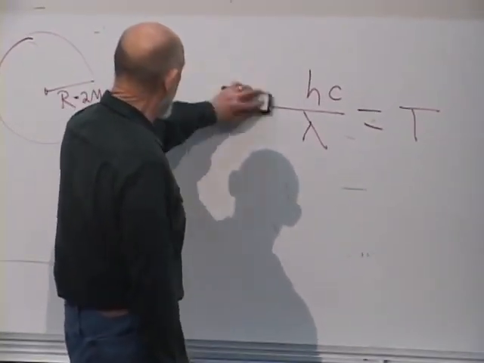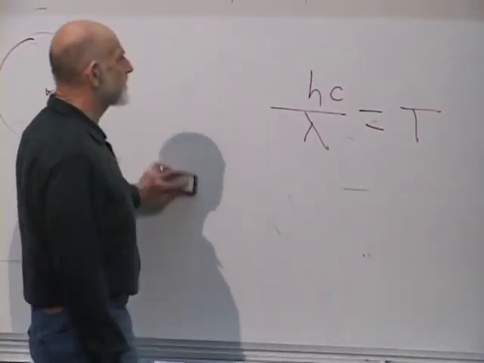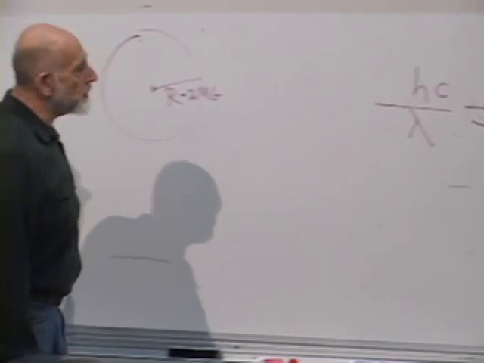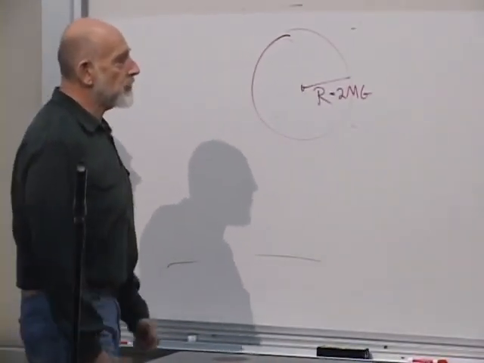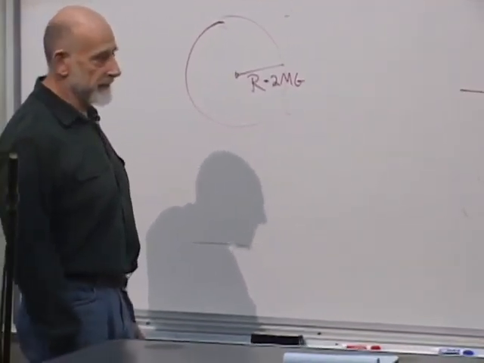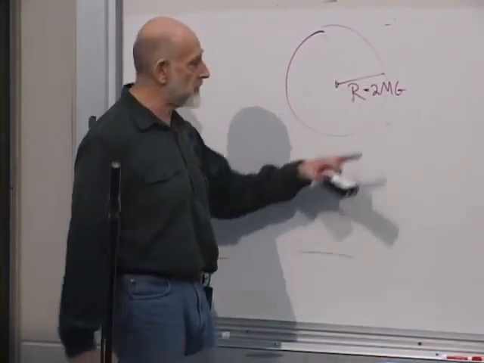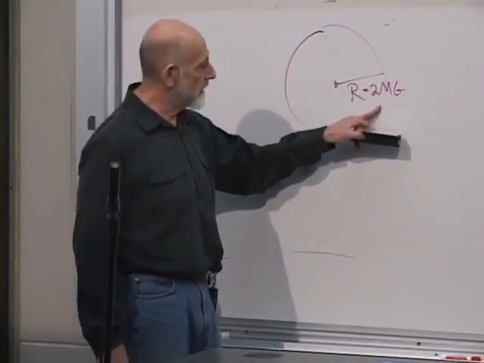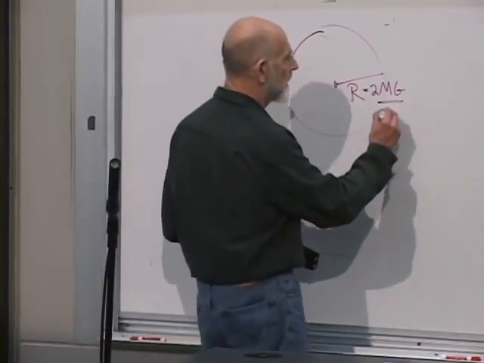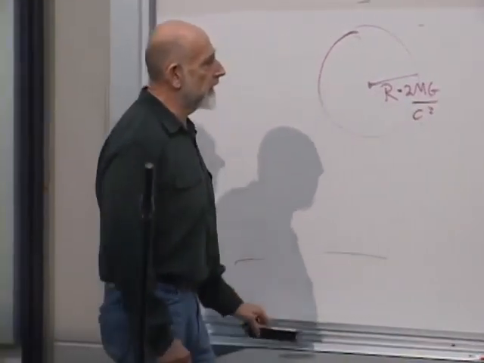I'll tell you the numerical constants later if you want. Okay. The temperature is hc over lambda. Oh, since I'm keeping track of constants, I've left something out: c squared, speed of light squared.